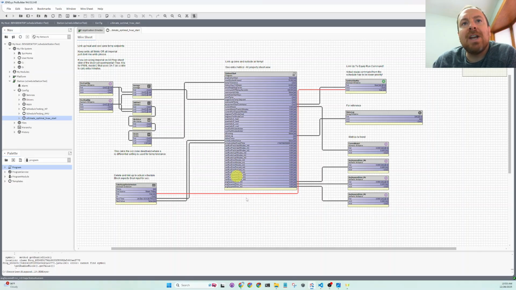So our squared error here is, in minutes, basically the actual minutes that it took to condition the zone compared to modeled minutes, and then our last run squared error for model 0, model 1, model 2. We'll be saving those in a data structure for 14 days.